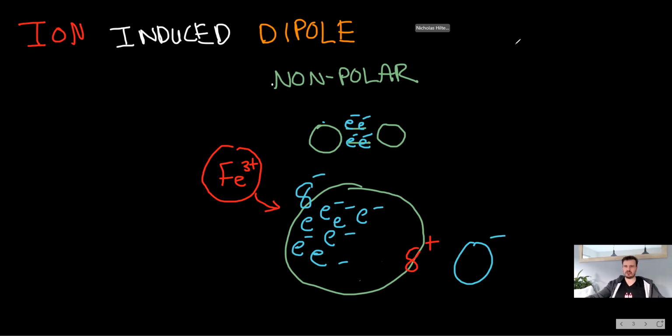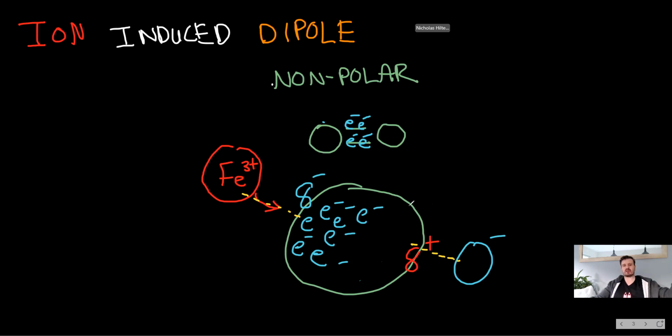Negative ion, and so you have this now temporary bond here and here. Now, what could happen is, because this is a dynamic solution, you could have an ion coming over here. And because it might be a bit closer and moving in, they would then get attracted to this side.